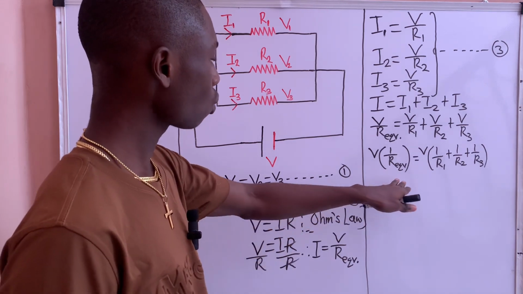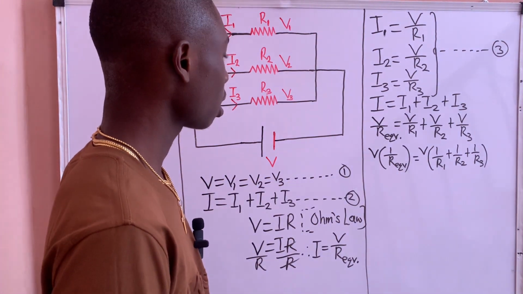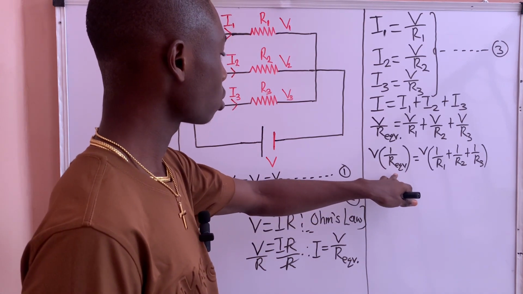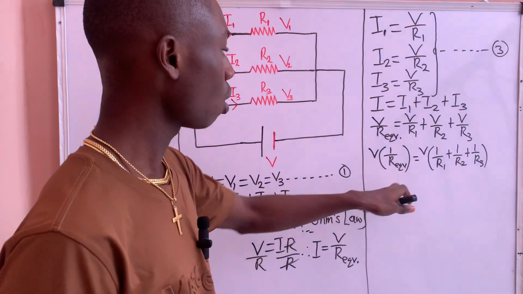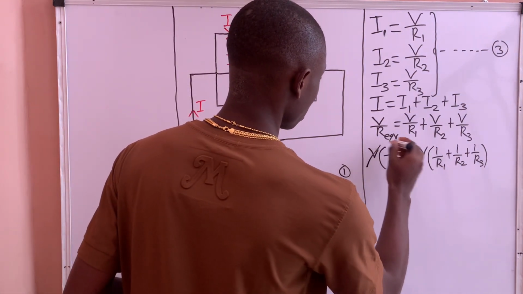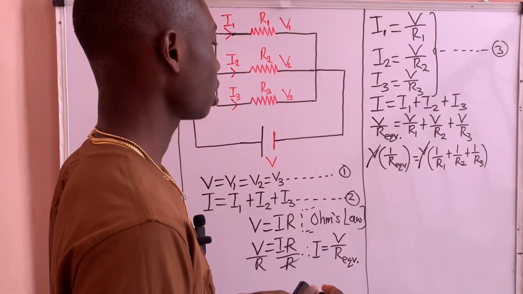So from here, for us to make R equivalent the subject of the formula, we can divide both sides by V, or we can cancel this V on both sides. Either way, we will still get the same result.